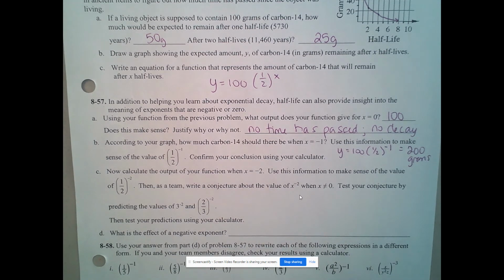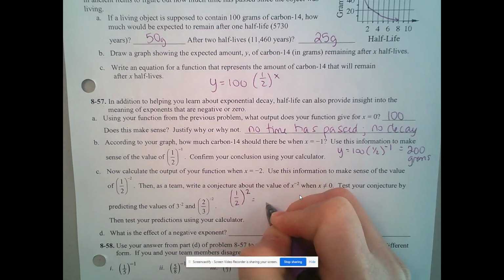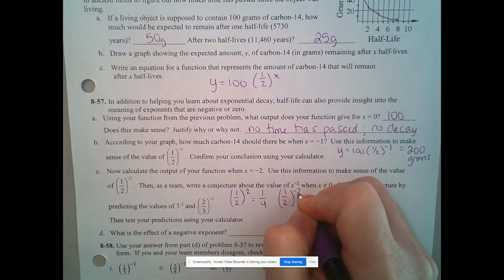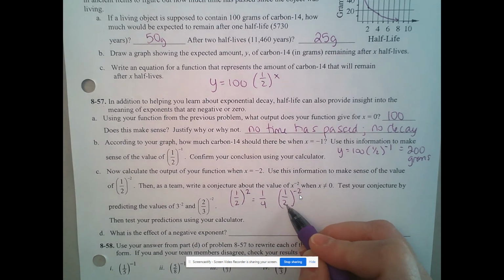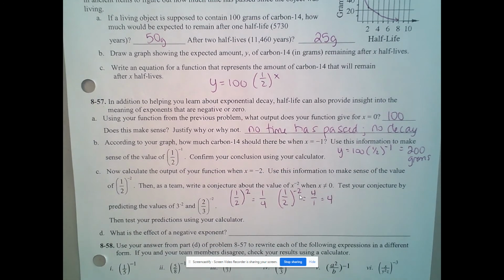So what do we know already about negative exponents? We know that negative exponents means that something is sort of in the wrong location. So if we did, for example, 1/2 to the second, we know that that's 1/4. But 1/2 to the -2nd means that these are in the wrong location, and it should be 4/1 or just 4 as if it were in the numerator.